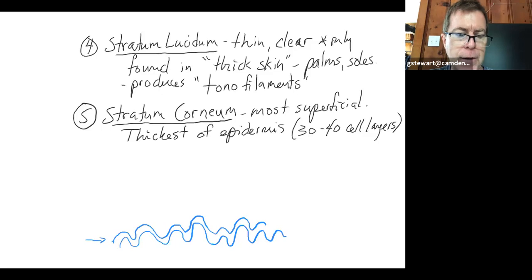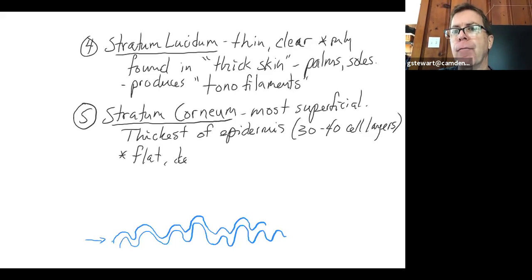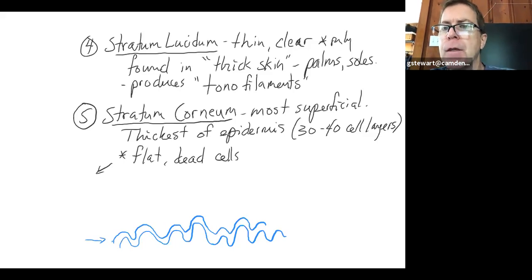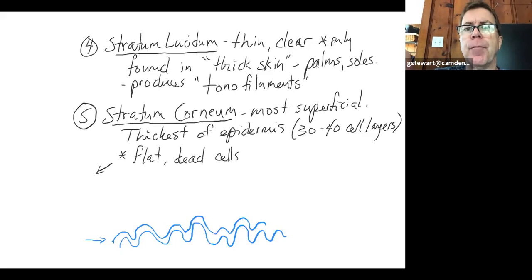At this point, it's basically just flat, dead cells. And when we were learning epithelial tissues, one of our examples was stratified squamous epithelium. And that's what this is. It's just flat, multiple layers of flat cells.